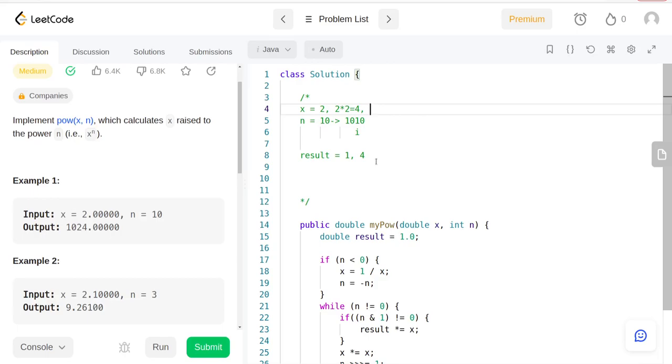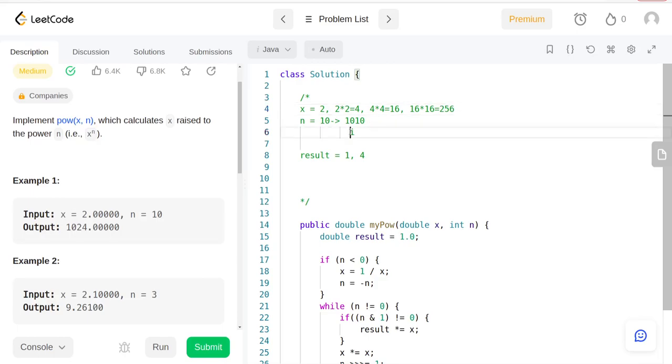So this is going to become 4 multiplied by 4, which is equal to 16. Okay, moving on. Now this time the digit is 0. The result is not going to get multiplied, but x is just going to get multiplied by itself. So 16 multiplied by 16 is equal to 256.